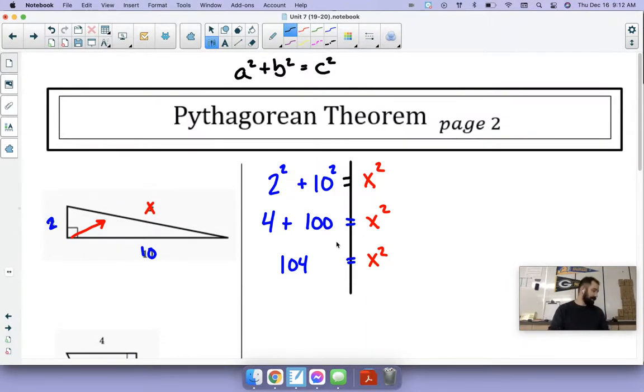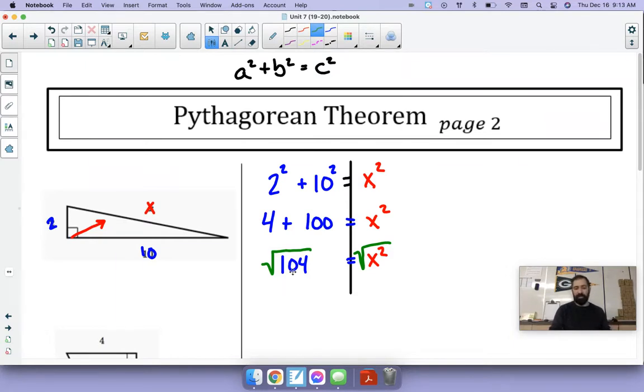104 equals x squared. Now to solve this, we need to get the x by itself. If we have an x squared, we need to take the square root of both sides, because squaring and square roots are inverse operations. The square root of 104 is not a perfect square, so we're not going to do anything to that.